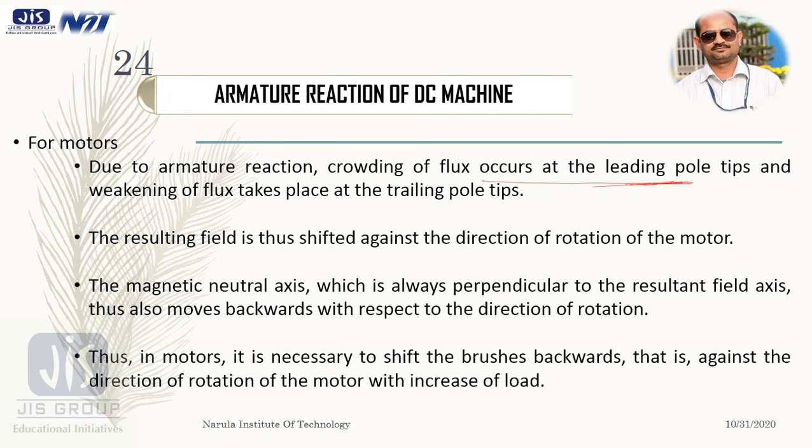For a generator, the crowding effect occurs in the trailing pole tip, but for a motor, the crowding of flux occurs at the leading pole tip, and weakening of flux takes place at the trailing pole tip, because in the case of a motor the rotation is changed. In the case of a generator, the MNA is shifted along the direction of rotation, but for a motor the resulting field is shifted against the direction of rotation of the motor.